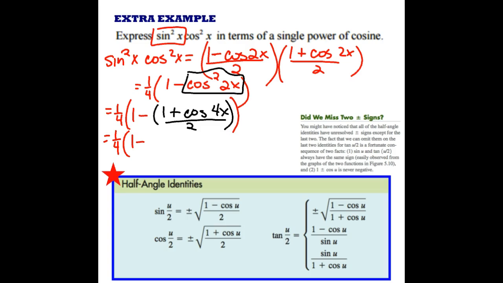This black part here is 1/2 minus 1/2 cosine 4x. Yes? That minus sign applies to all of it? Okay. Well, what's 1 minus 1/2? Okay. So now I have 1/4 times 1/2 minus 1/2 cosine 4x.